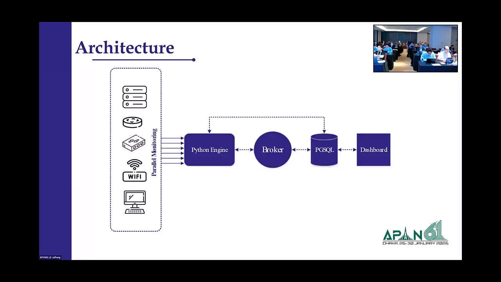After completing the operation, the engine collects the result and saves it to the database. The user views it from the database. This is the simplest architecture. The ping operation takes only 10 to 15 seconds in the worst case, and the SNMP operation takes 30 seconds on average.